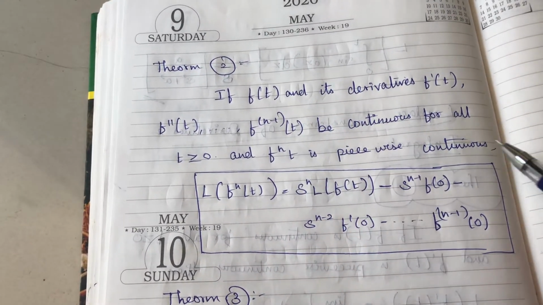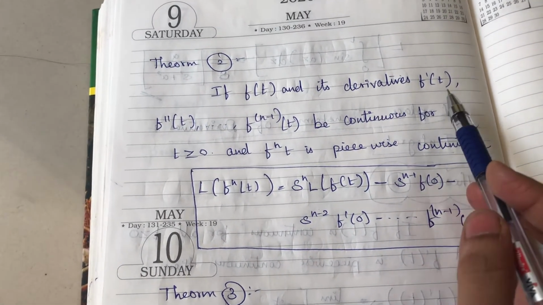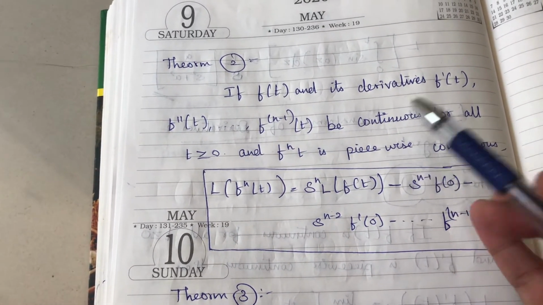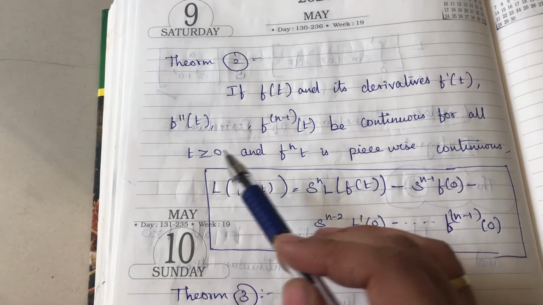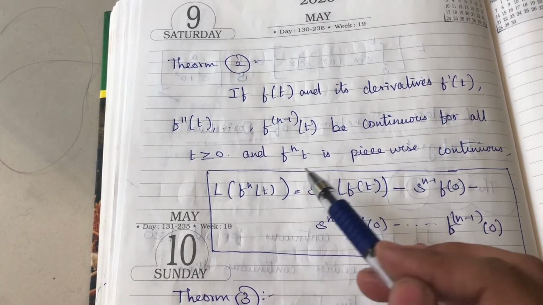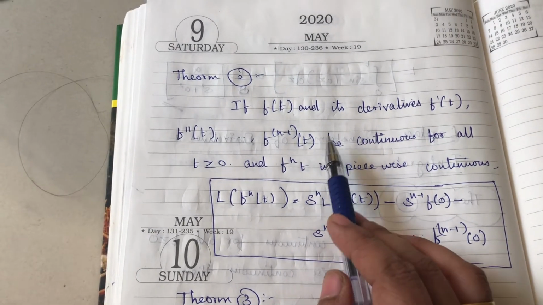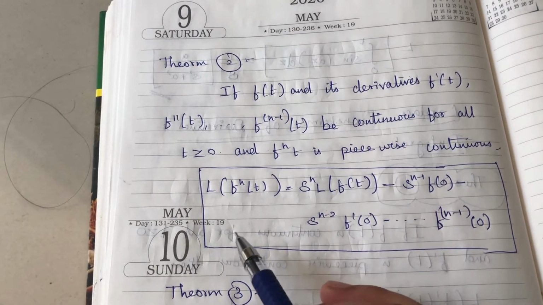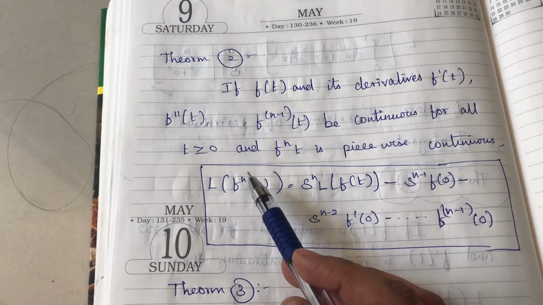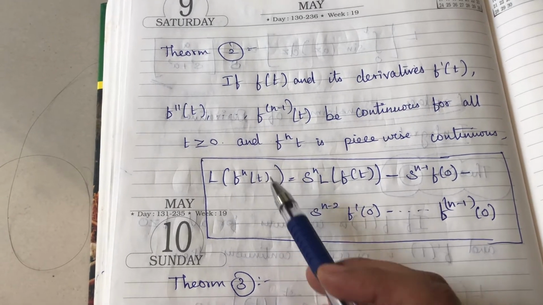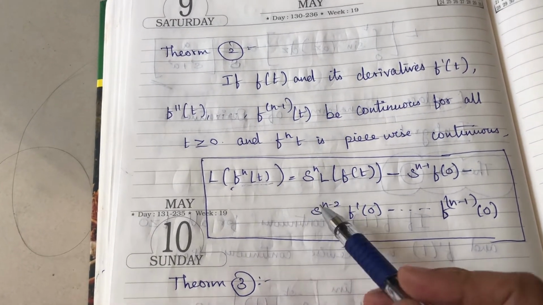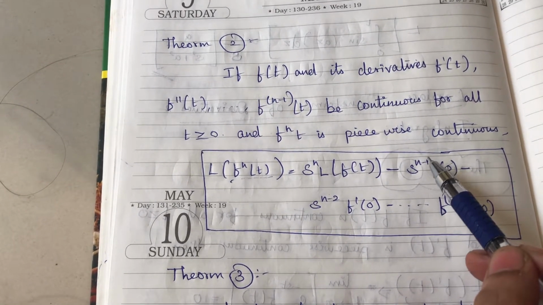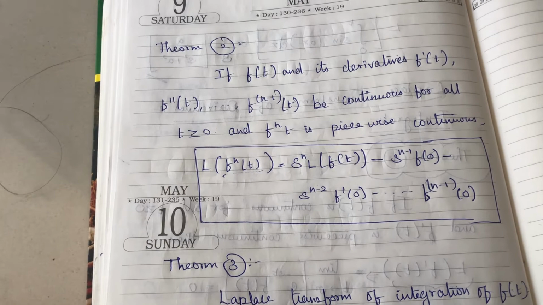If f of t and its derivatives f dash of t, f double dash, up to the n minus 1 are continuous for all t greater than or equal to 0, then I can say f per n of t is also piecewise continuous. So the formula will be like L of f per n of t will be equal to s per n into L of f of t minus s per n minus 1 into f of 0.